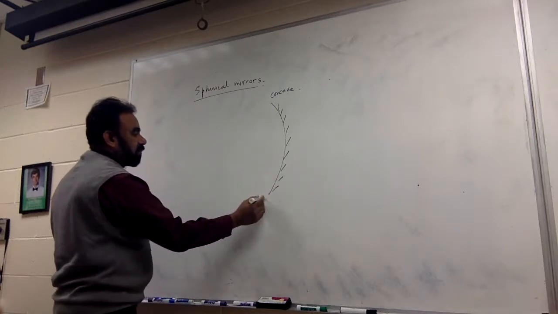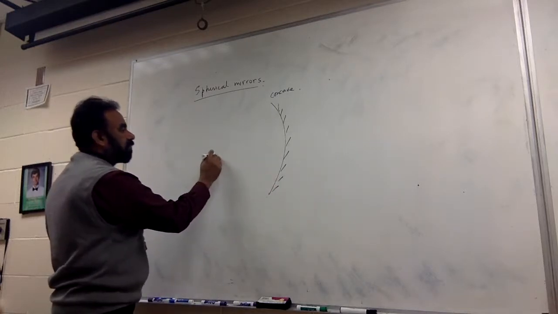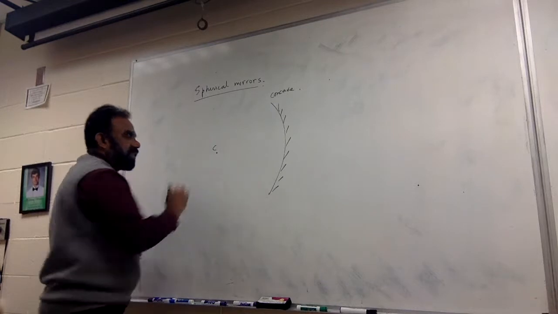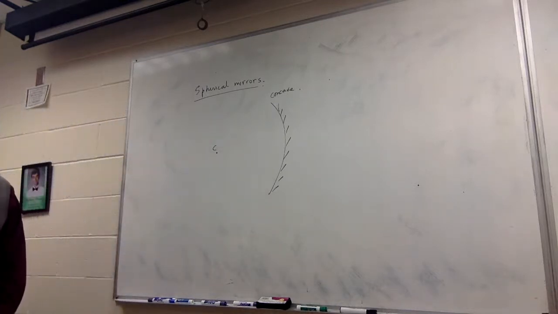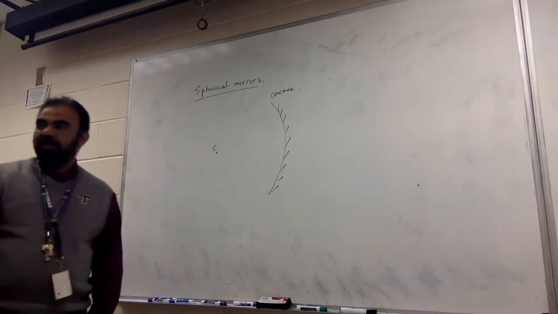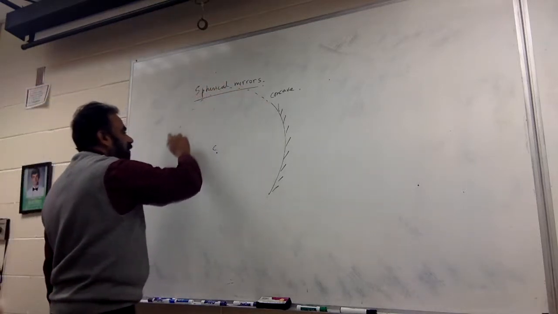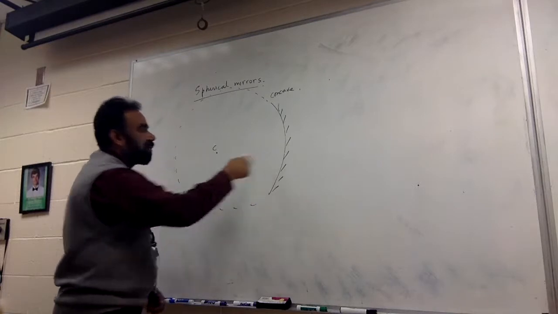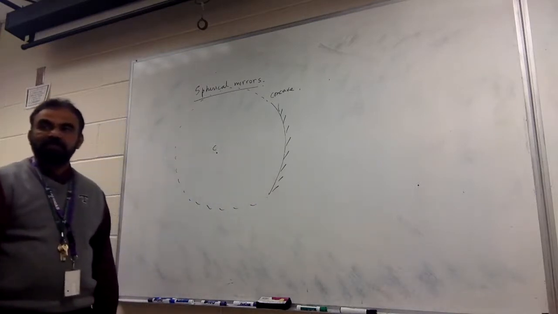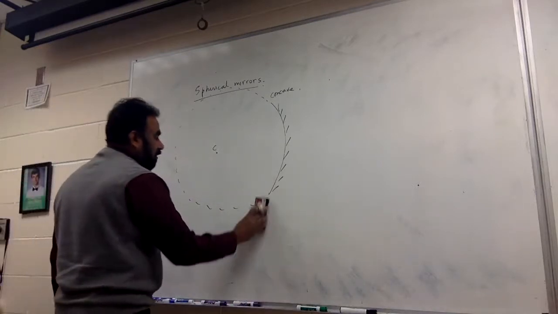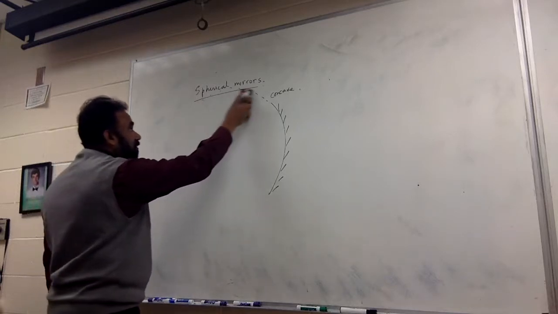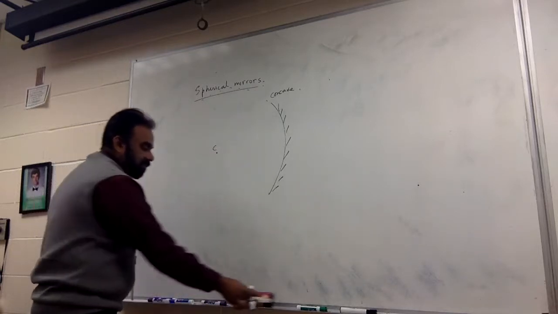The center of curvature, C. What is the center of curvature? It's the center of the sphere of which this mirror is a part. So center of curvature is the center of the sphere of which the mirror is a part.